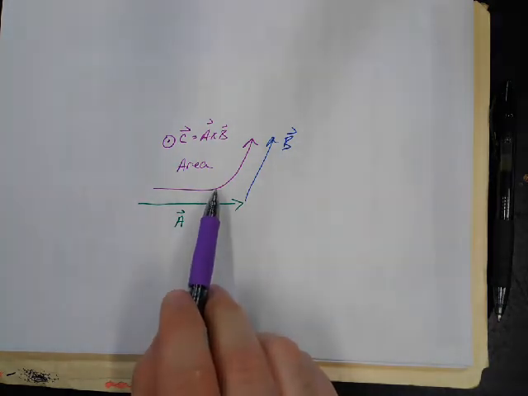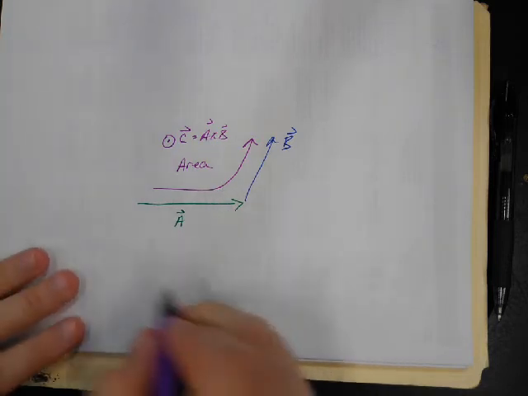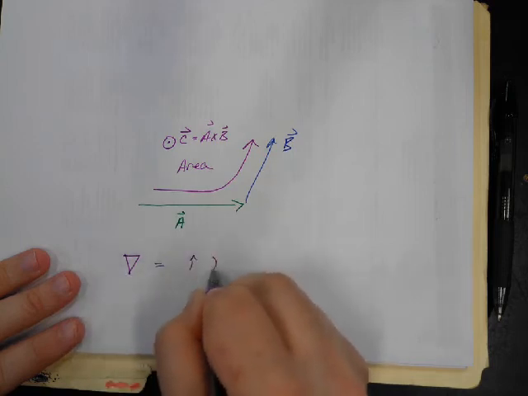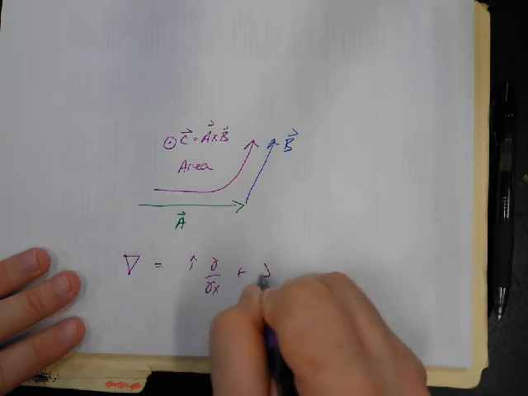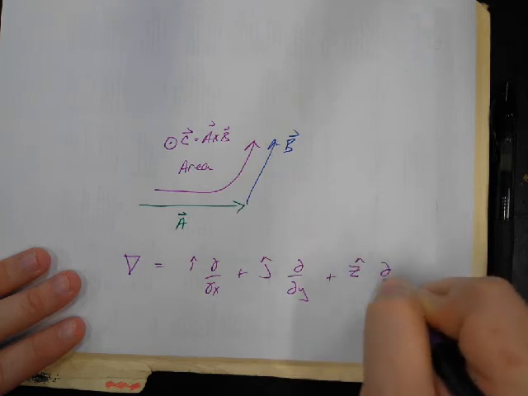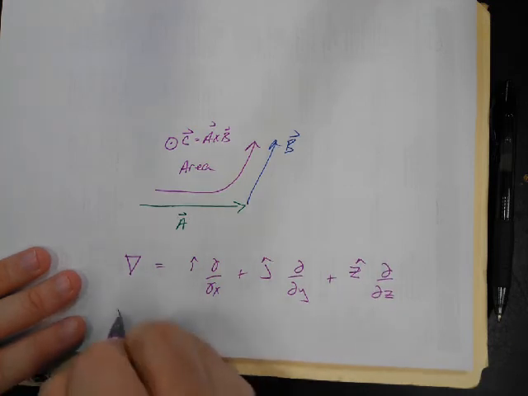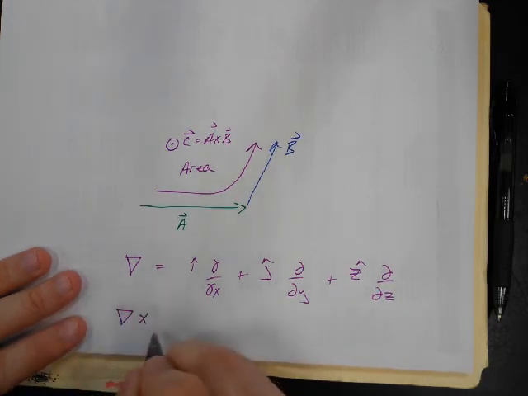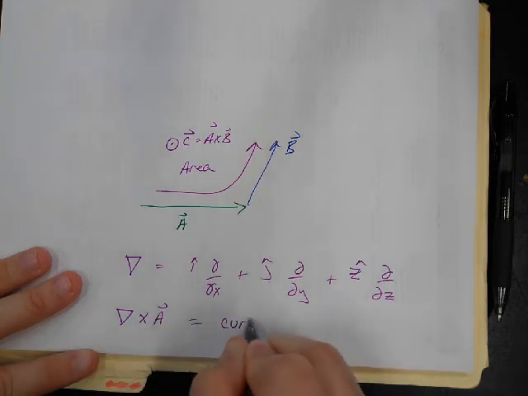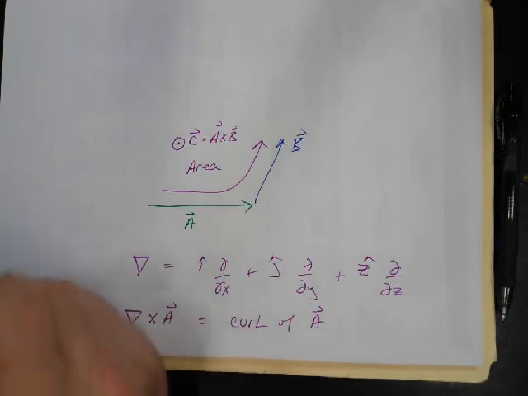There's another thing. If you remember in the past video, I talked about this operator, which was i hat derivative with respect to x plus j hat derivative with respect to y plus z hat derivative with respect to z. The cross product of this with a vector is the curl of A. Now, we also talked about the dot product.